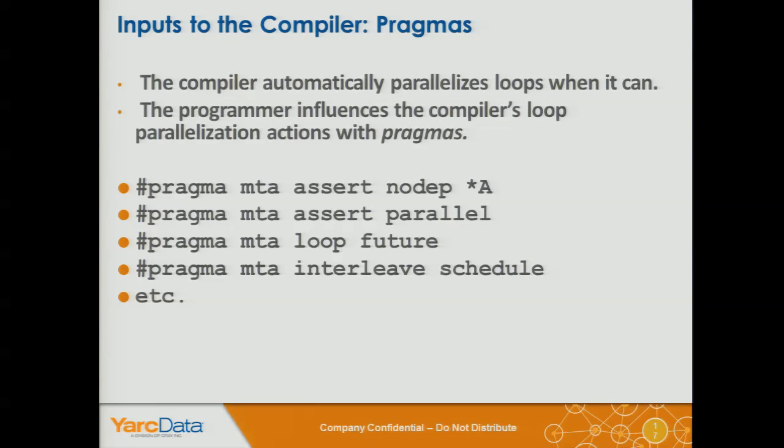And then there are the simpler ones, assert no dependence, and the more powerful assert parallel. We've only covered a really small fraction of the pragmas here, but you do have some levers to tell the compiler how best you think this program should be parallelized based on your human knowledge about it. The compiler's smart, but in theory you're smarter and you know everything there is about your algorithm.